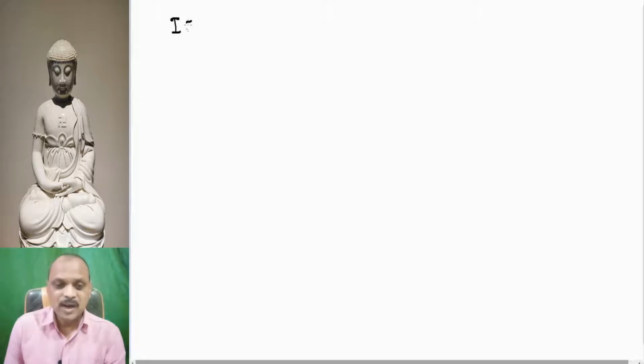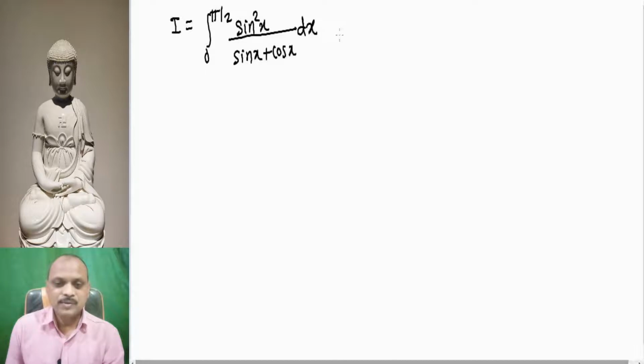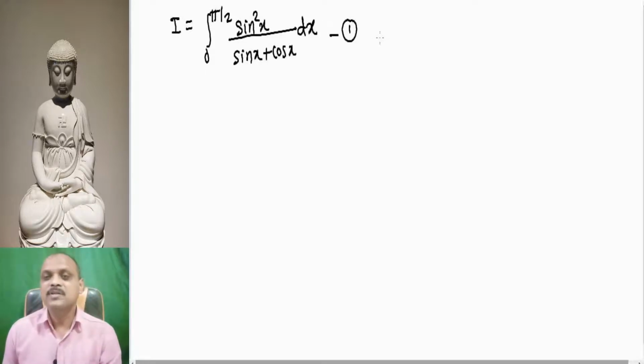Suppose we have to evaluate I equal to integration 0 to pi by 2 of sine square x divided by sine x plus cos x into dx. Let us call this equation number 1.